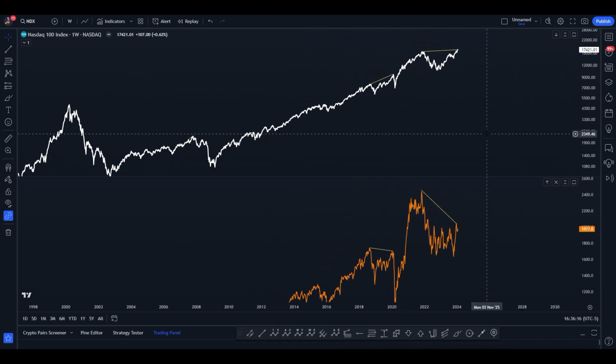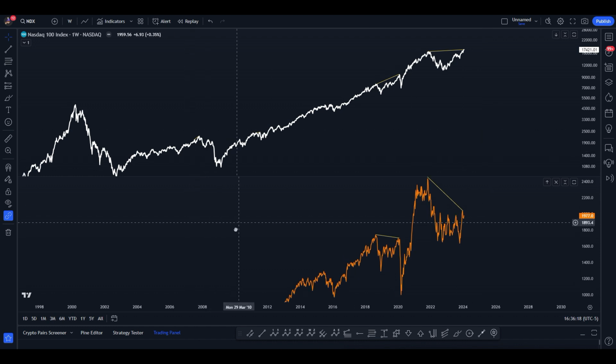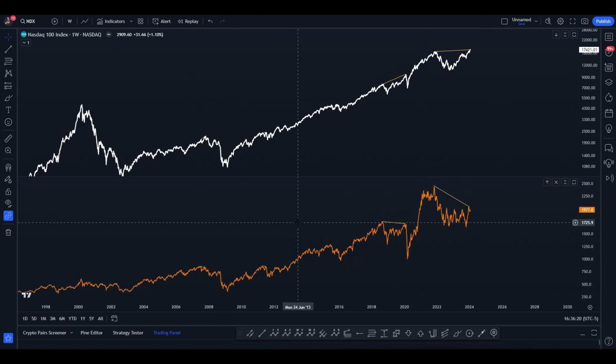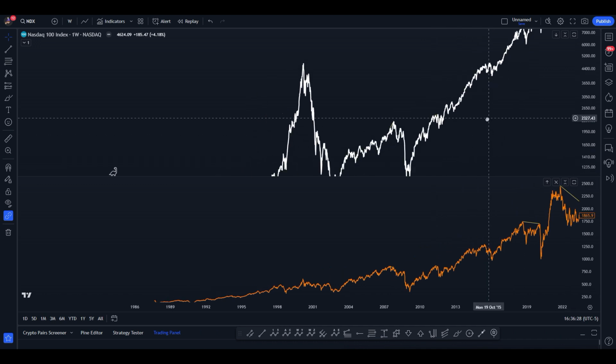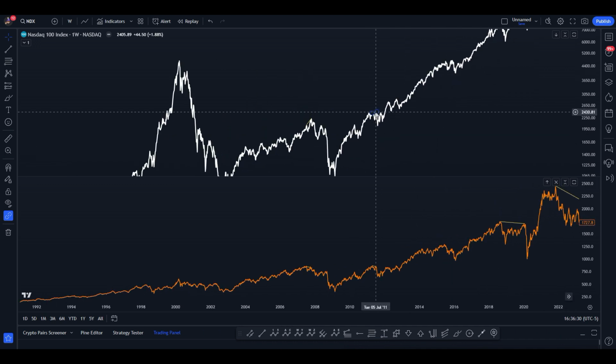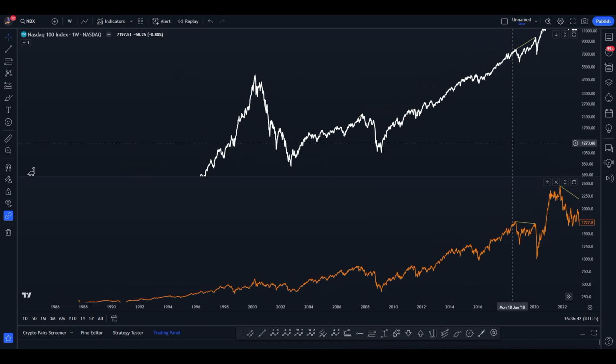So every time the Russell and the NASDAQ have had a non-confirmation, with the exception of this one right here, which actually may have also been a B wave, but a B wave internal to this move here. I'd have to go on a candlestick chart and count that. So that may be a B wave as well. But regardless, they're all B waves.